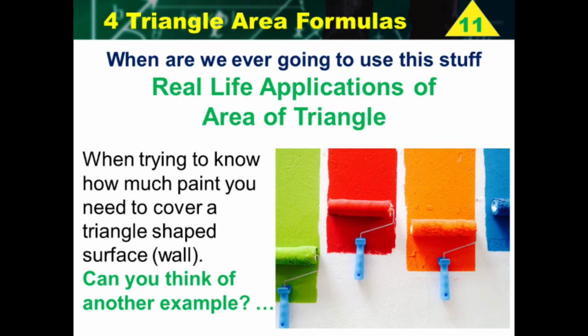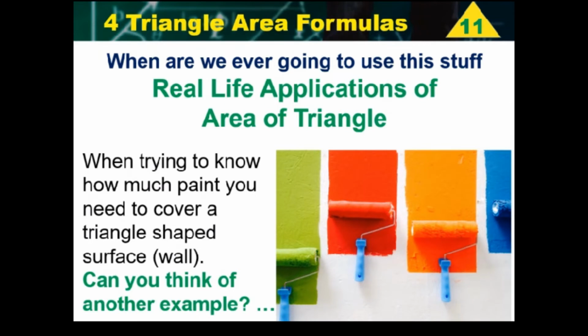And for this one, where do we actually use this in life? Well, in real life, you use a lot of triangle areas, obviously. One of which, for example, is when you want to paint a wall, and the area of the wall has a triangle shape. Well, you have to have the area that you need to paint.